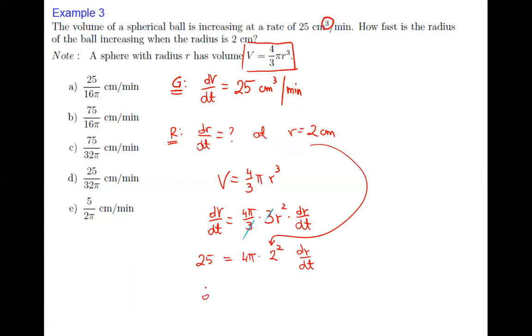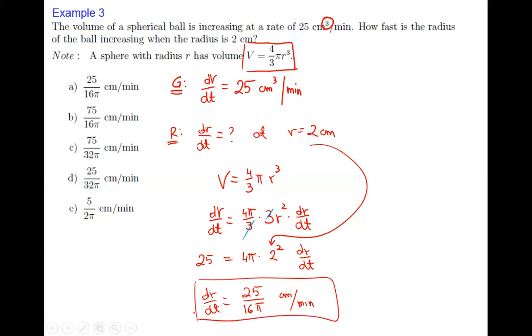Solving this equation for dr/dt, we will have 25 over 4 times 4, 16π. And the units are distance, centimeters per minute. Okay, and I believe one of the answers is like that. That's the option. Three, nice and quick question.